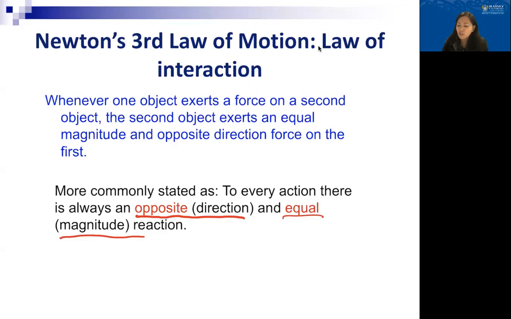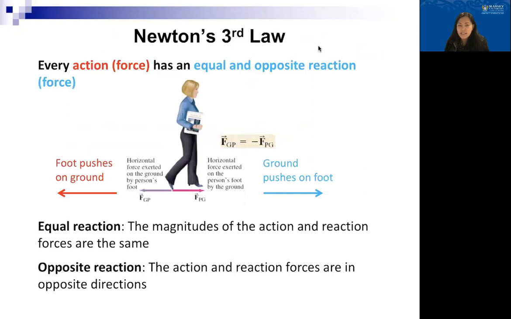That's why it's called the law of interaction, because two objects are interacting. Object A will exert a force on object B. In return, object B will exert a force on object A, and the forces will have equal magnitudes but opposite directions. The third law of motion is what makes walking possible.